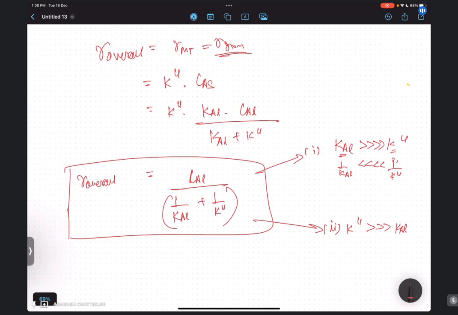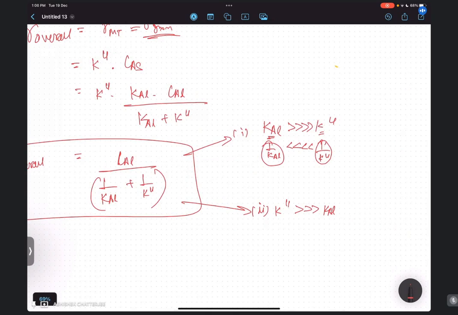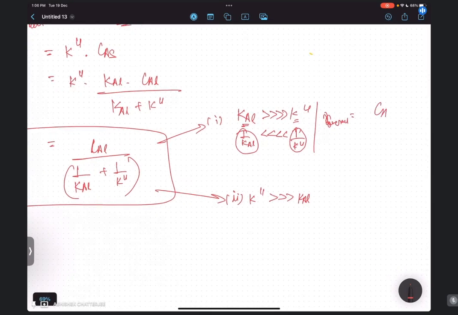So with respect to 1 by K double dash, this 1 by KAL can be neglected. If this can be neglected, your R overall will be equal to CAL divided by 1 by K double dash.